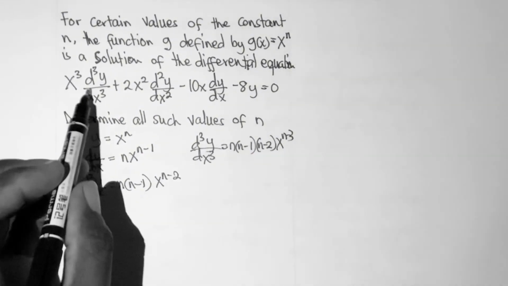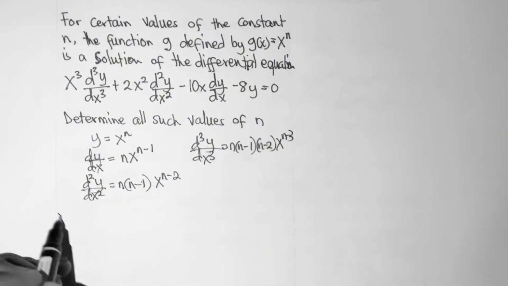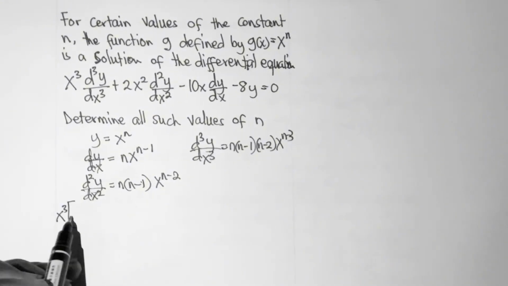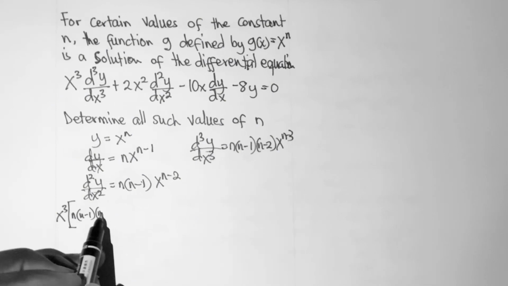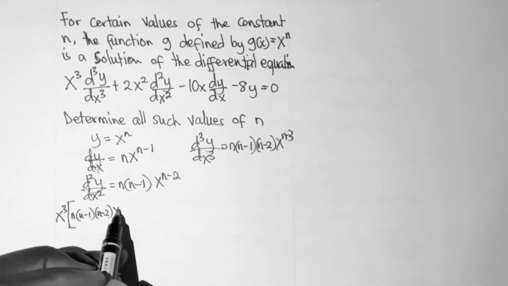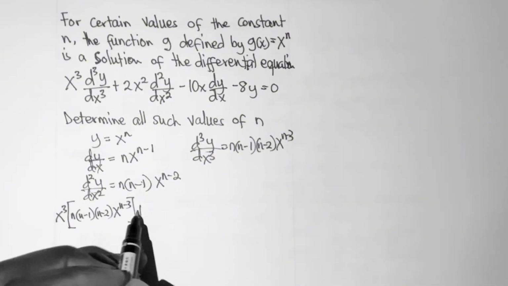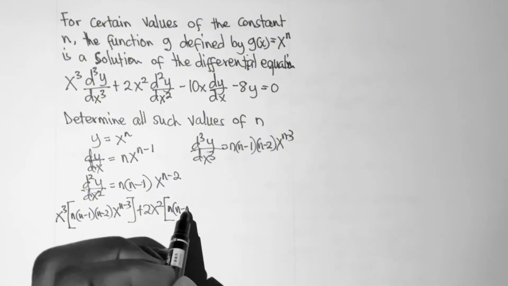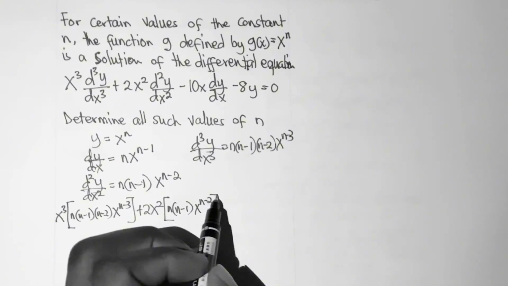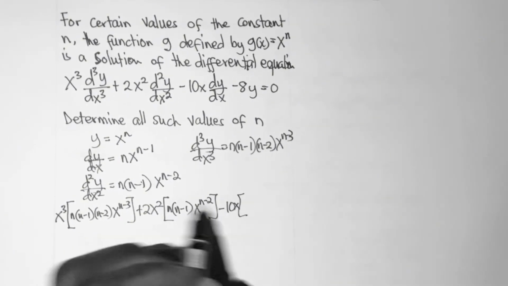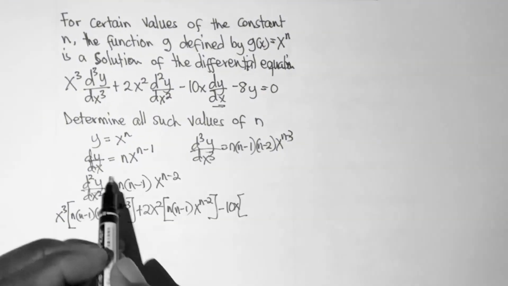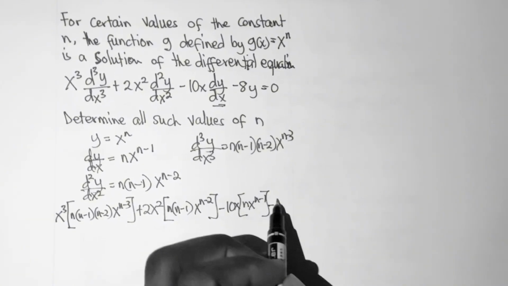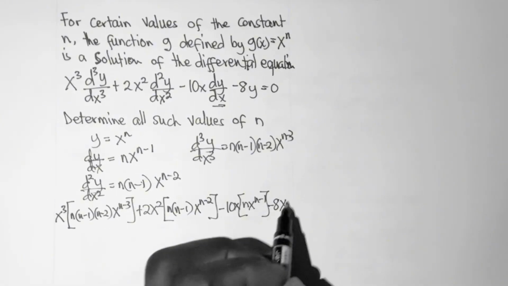We'll take all of this and put it into this equation. So we will now have x cubed times the third derivative, which is n times n minus 1 times n minus 2, times x exponent n minus 3, plus 2x squared times the second derivative, which is n times n minus 1 x exponent n minus 2, minus 10x times the first derivative, dy dx, which is n x exponent n minus 1, then minus 8 times y, which was given as x exponent n.